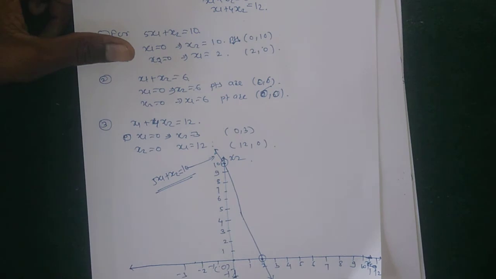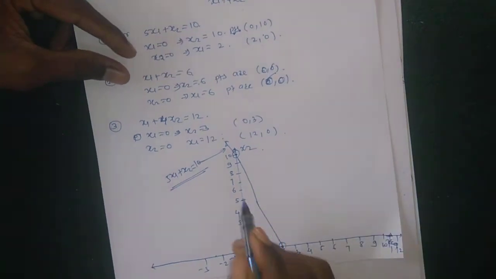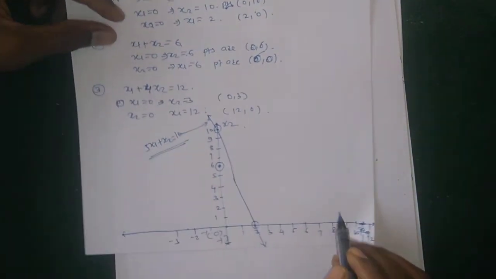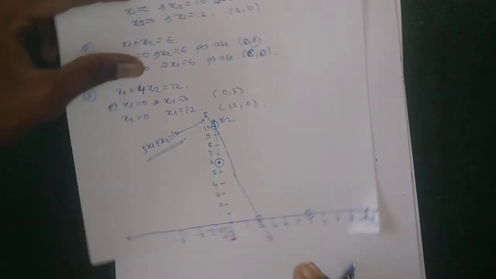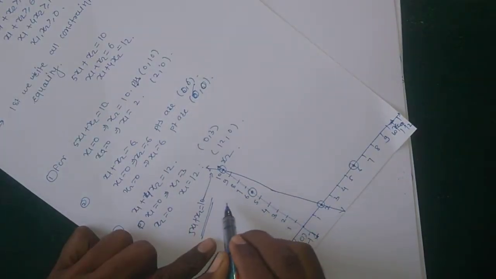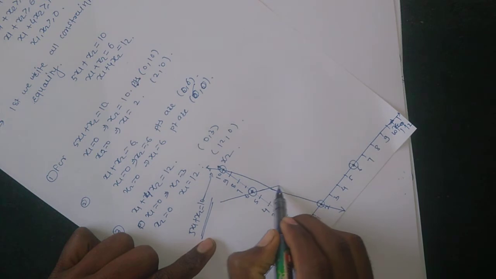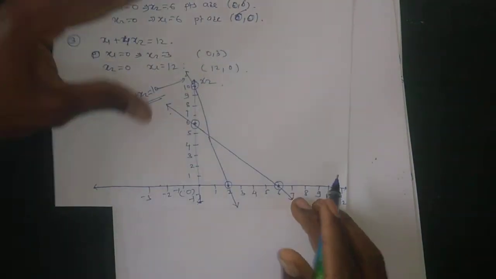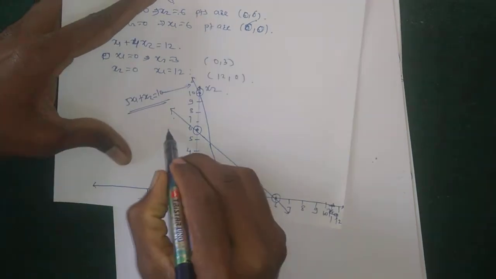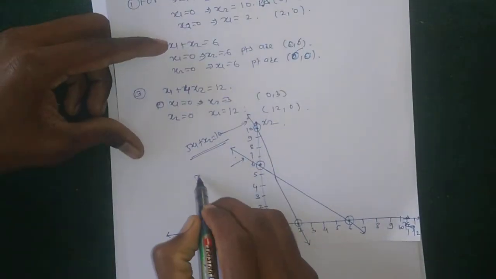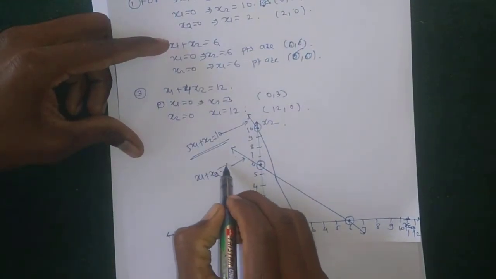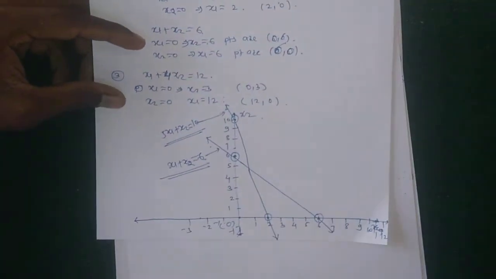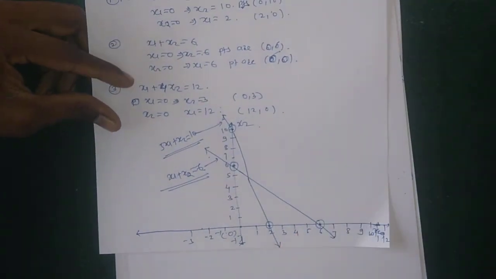The second points are (0, 6) and (6, 0). So join these 2 points. This line is x1 plus x2 equal to 6. Then the next constraint is x1 plus 4x2 equal to 12.